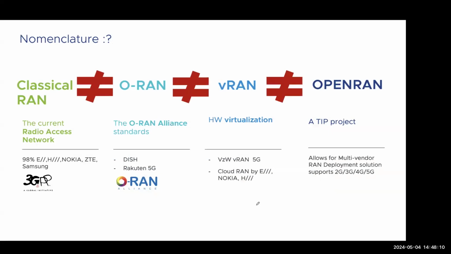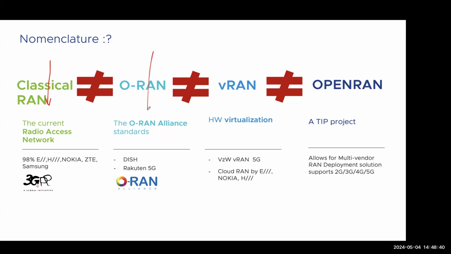Just for the sake of names, we can say classical RAN, traditional RAN, single RAN, all are in this criteria. It is a vendor-specific solution based on 3GPP, compliant with 3GPP as far as possible, and this is 98% of all the radio access network deployed today. ORAN deployment is very little, and I will touch on that later.